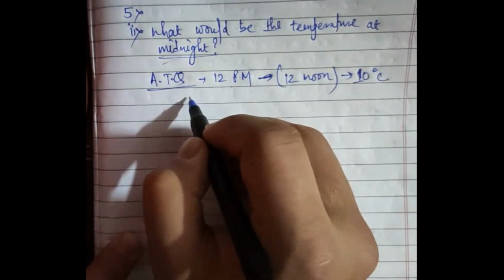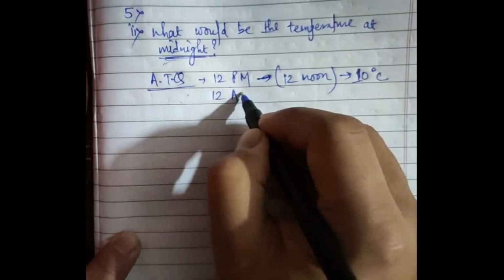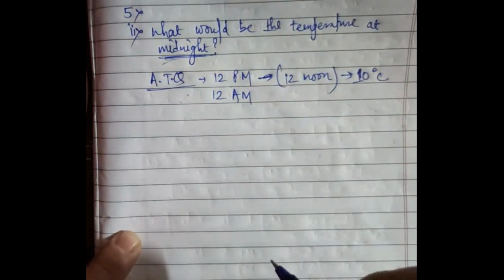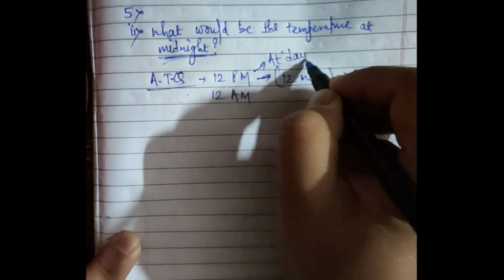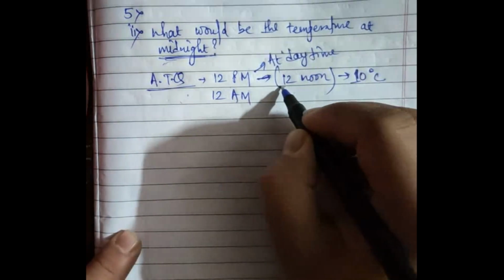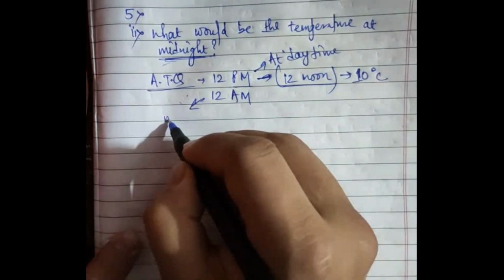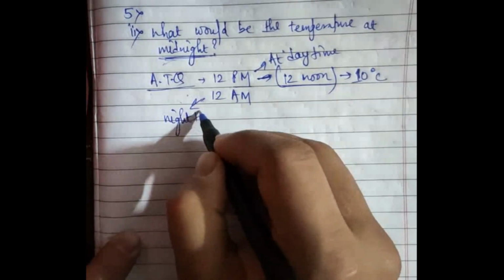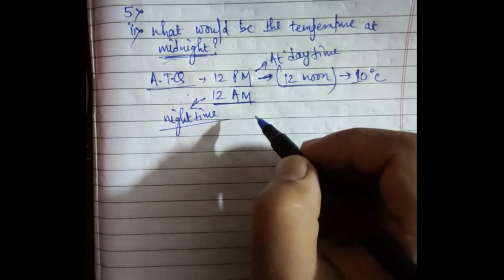Now we have to find the temperature at midnight. Midnight means 12 a.m., isn't it? At night, this is at daytime. At daytime, when it is 12 noon, we will consider it as PM, and at night time, most of the students get confused with that.